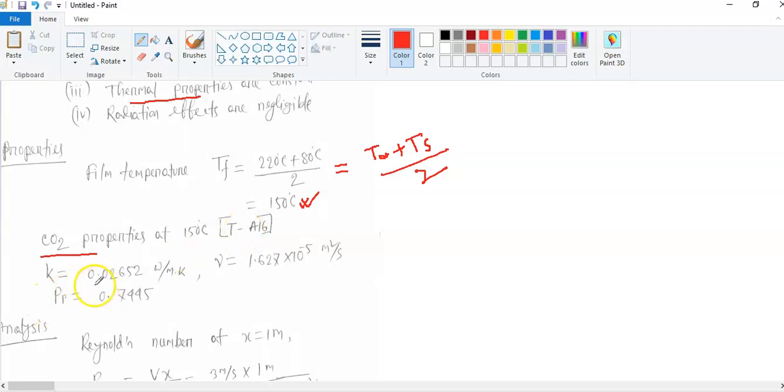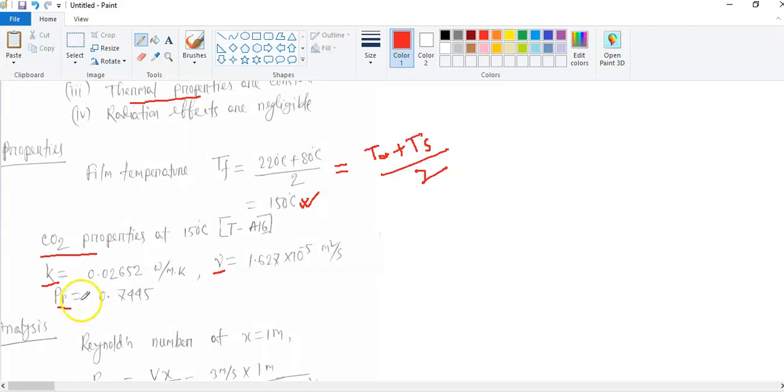So we need the thermal conductivity, k, nu, this is the kinematic viscosity, and the Prandtl number, because the Nusselt number is a function of the Prandtl number. When you have some correlations from benchmark experimental data, you will see the Nusselt number is a function of the Prandtl number. So we need the Prandtl number, yes.